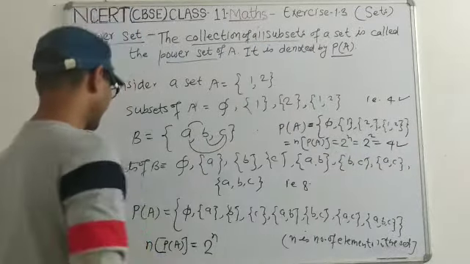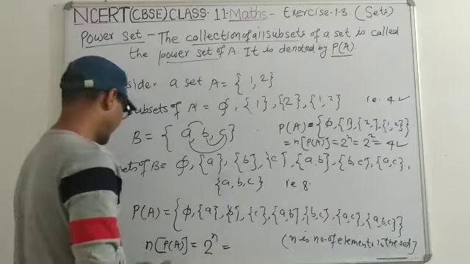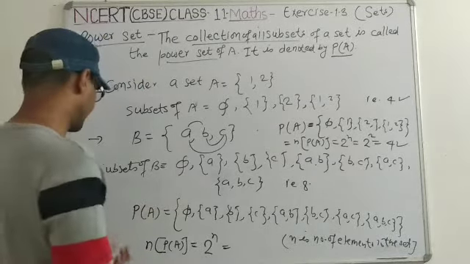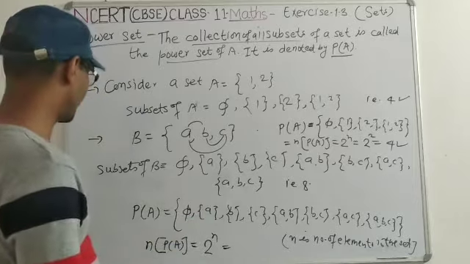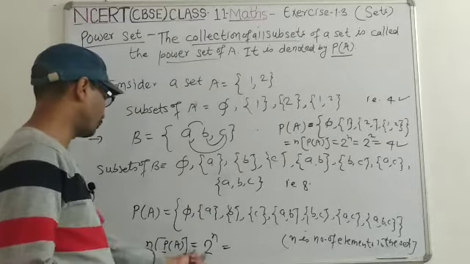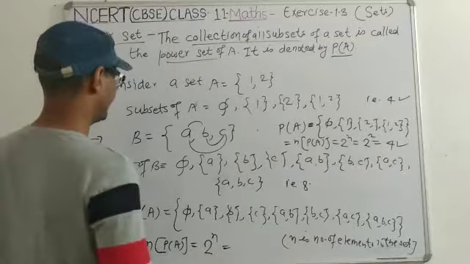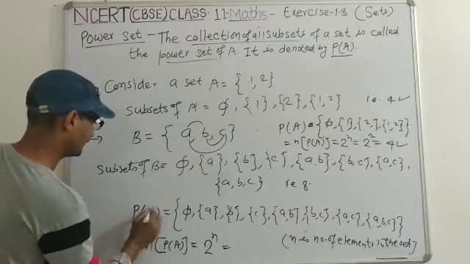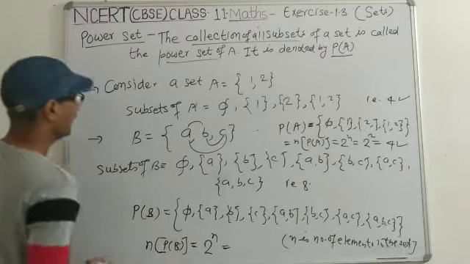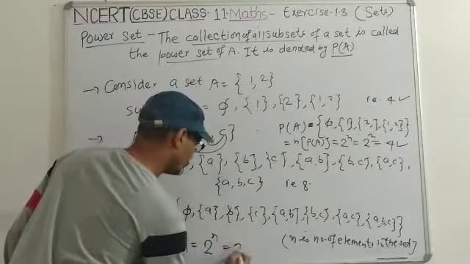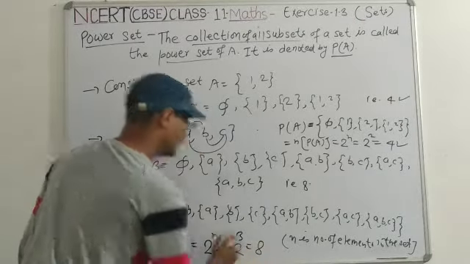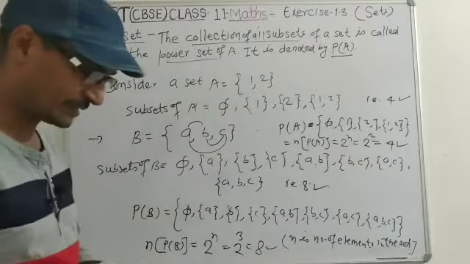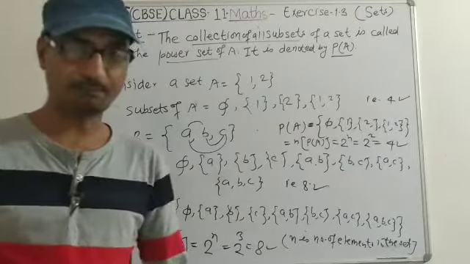If we are asked directly how many elements are in a power set, we can write n(P(A)) equal to 2 power n. What is n? n is the number of elements in the set, and here in the set B, sorry, it is B not A, the number of elements is 3, so 2 power 3 becomes 2 into 2 into 2, which is 8. So the number of elements is 8. So it is the power set. The collection of all the subsets is known as power set.